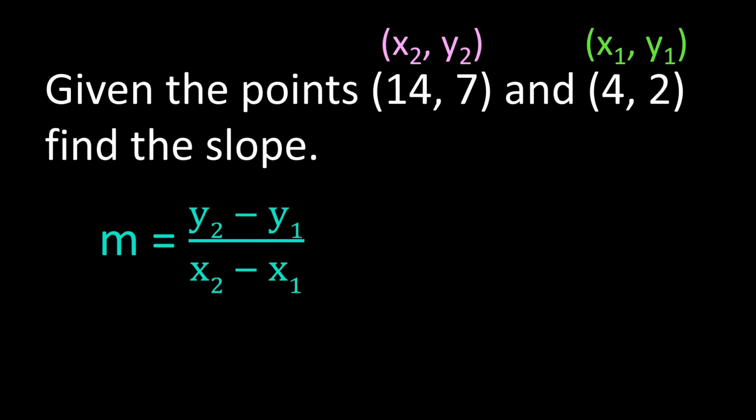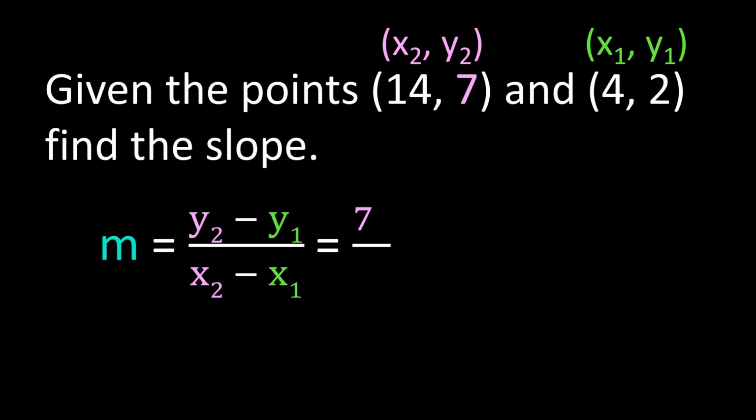By making the 14, 7 be my x2, y2, that's going to make my subtraction steps a little bit easier because I'll be starting with y2. Well, y2 is 7, so I'll have 7 minus y1, which was 2. And 7 minus 2 is going to give me a positive value, just like I'll get when I subtract my x2 of 14 minus my x1 of 4.